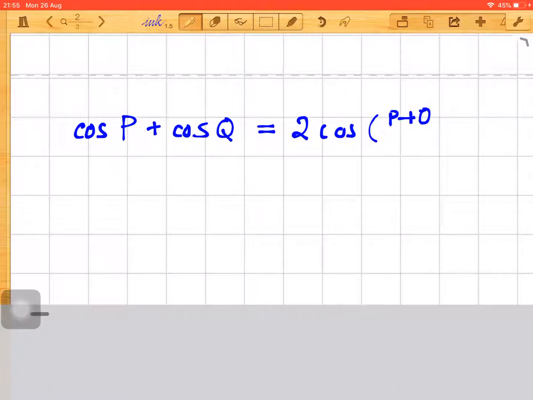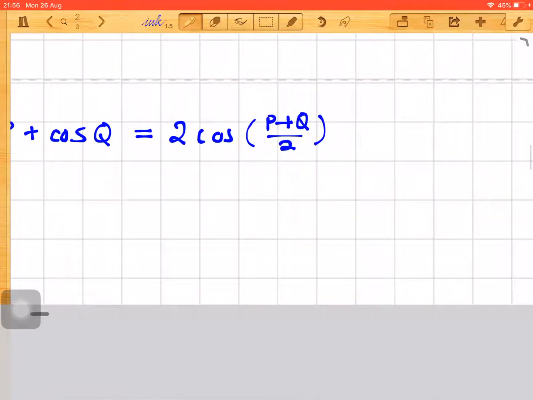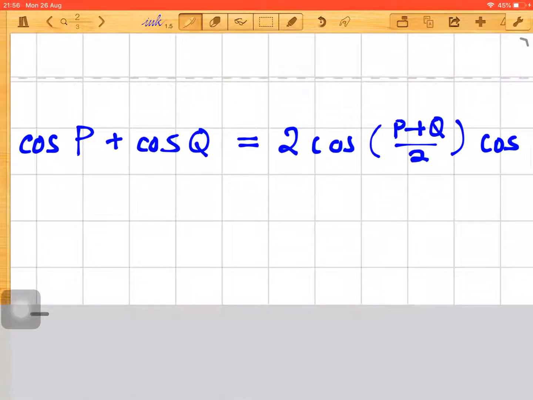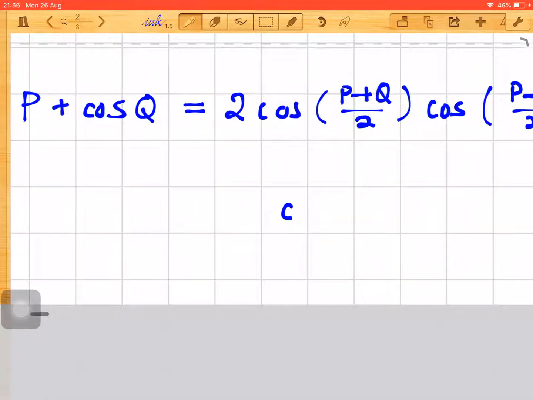So what you have is cos P plus cos Q is equal to 2 cos (P plus Q) over 2 and cos (P minus Q) over 2. So using this formula given, you have to find the summation form of this product form. Cos 2 theta cos theta.